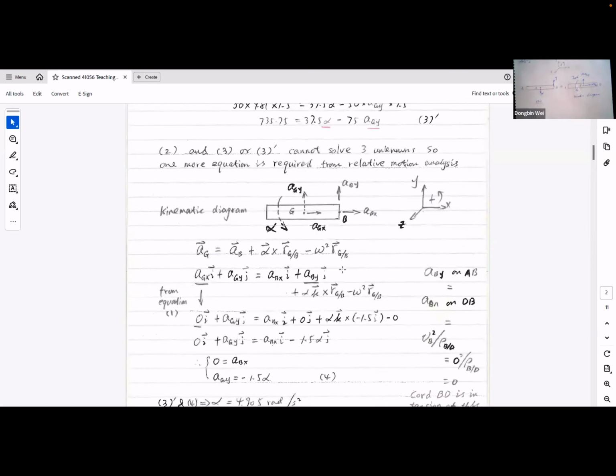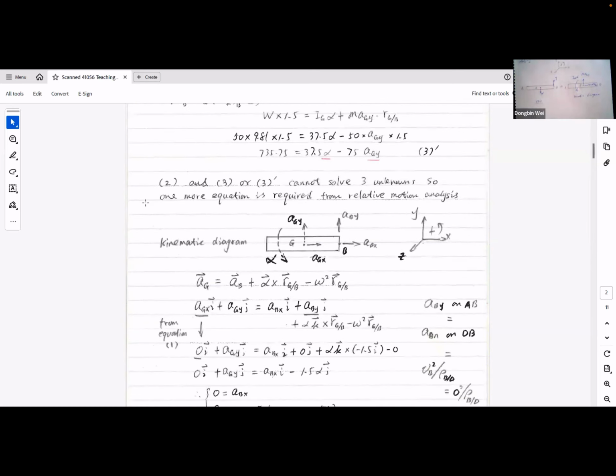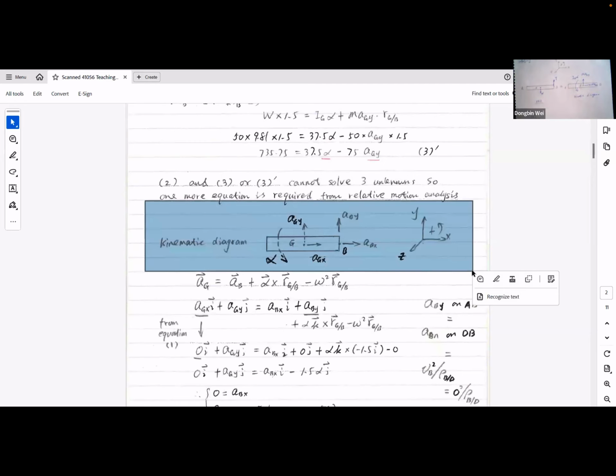Okay, now, to do acceleration analysis, and this will be the knowledge we studied in week 3. Okay, for acceleration analysis, you know, we must have kinematic diagram. Okay, and this kinematic diagram is for this bar AB.